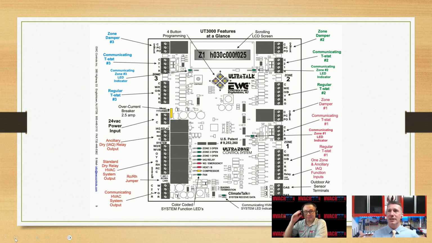My personal favorite is the EWC UT 3000 Ultra Talk. I mentioned to you, this kind of looks a lot like the Honeywell in zone design board. The interesting thing is they work very closely with some of the manufacturers. The UT 3000 works with Daikin, and this is what's really interesting.